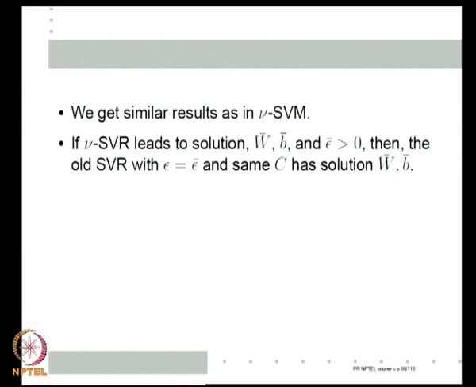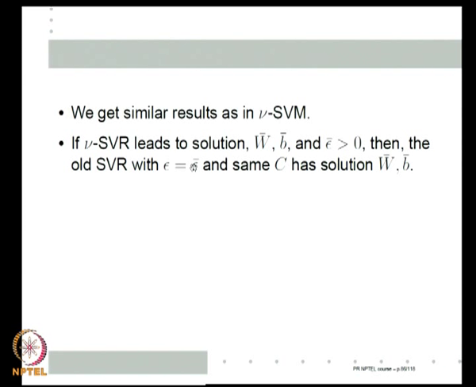When I get a solution with epsilon strictly greater than 0, then if I now run the old SVR with that value of epsilon and the same value for the other constant C, I get back the same solution. So, nu SVR also gives you a solution that old SVR could have given under some particular parameter settings.